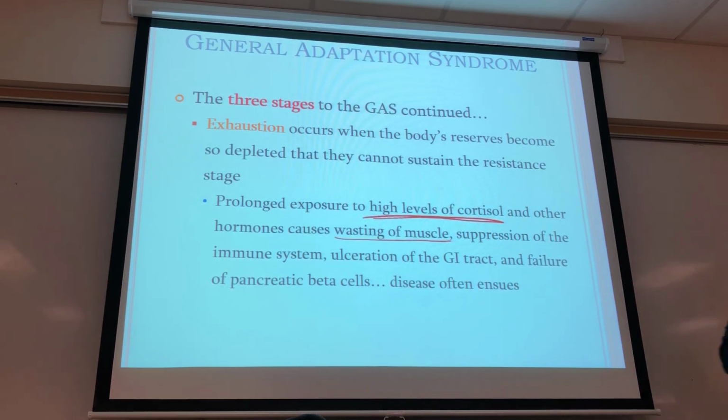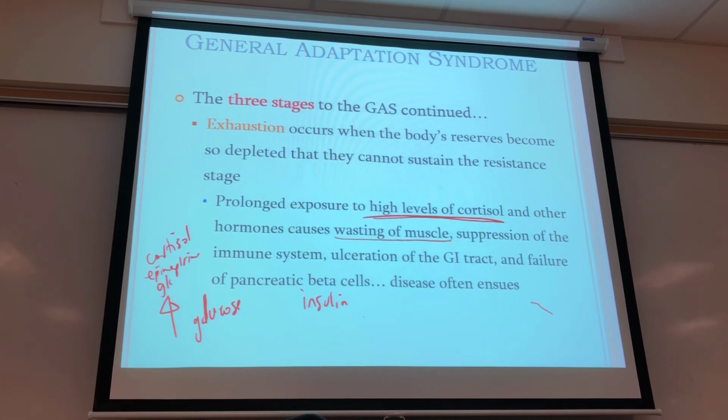Compromised immune system. Think of really long-term prednisone use. You basically see the same things taking place. Ulceration of the GI tract, all the things that are working to maintain calcium levels. And then failure of the pancreatic beta cells. These are involved in insulin. Due to that excess glucose that you experienced earlier, excess glucose through cortisol, we had epinephrine also working.